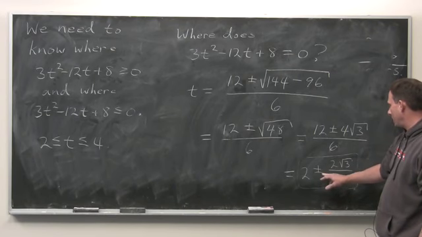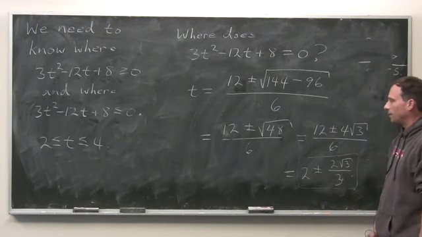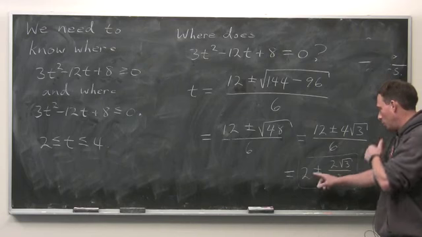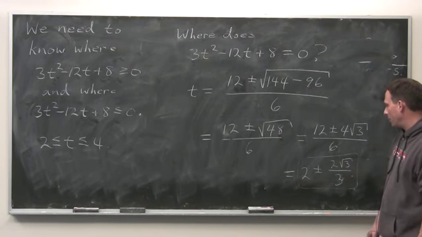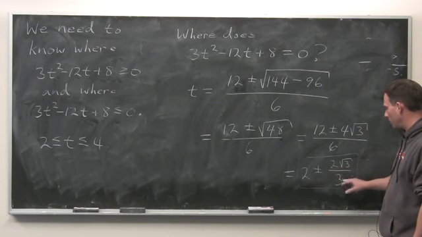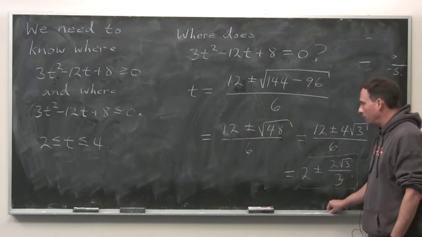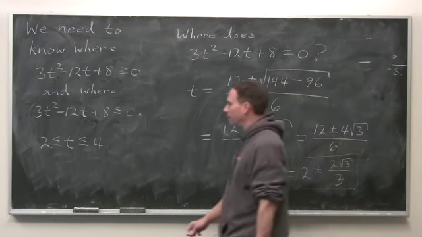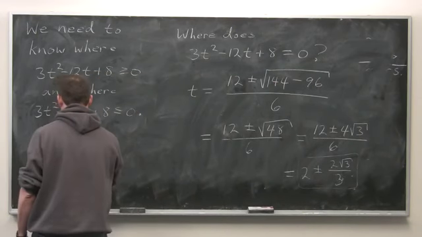Certainly if you subtract this positive quantity from 2, you're below 2, so you're outside the interval, but 2 plus 2 times the square root of 3 over 3 will be greater than 2 and clearly less than 4, since the square root of 3 over 3 is less than 1. So the only 0 we have to worry about in here is 2 plus 2 times the square root of 3 over 3.